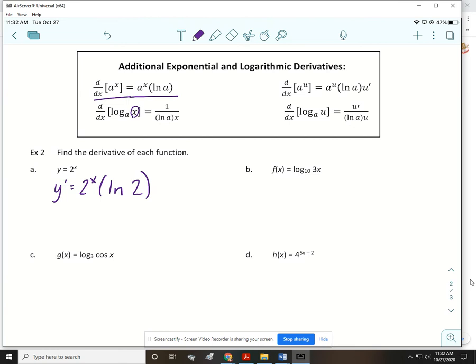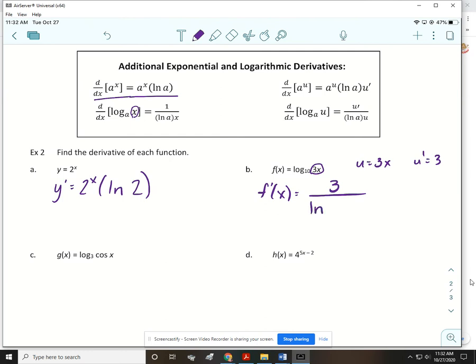All right, for b, we're going to find the derivative of log base 10 of 3x. So this time we have an expression instead of just x. So we can say that u is 3x, u prime is 3 if you wanted to do it that way. Or you can just remember in the end, you're going to have to multiply by the derivative. But in this case, u prime goes in the numerator. The denominator is the natural log of a.